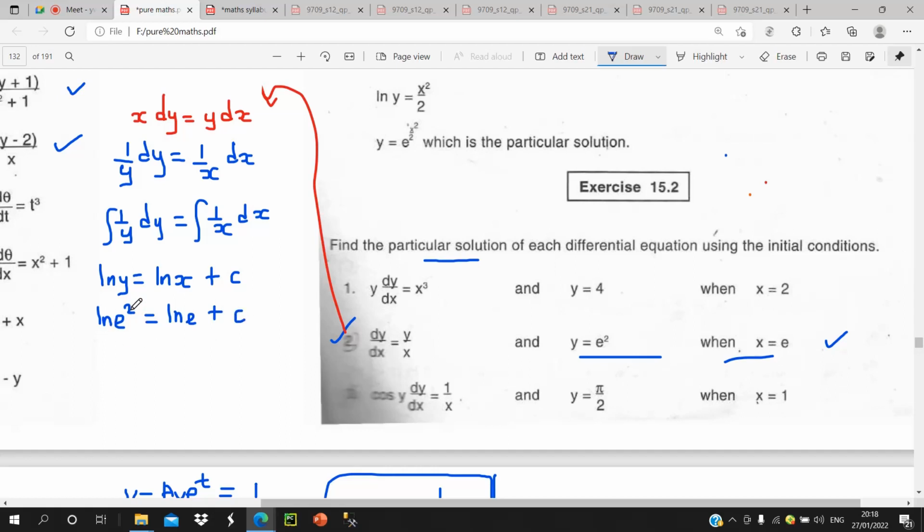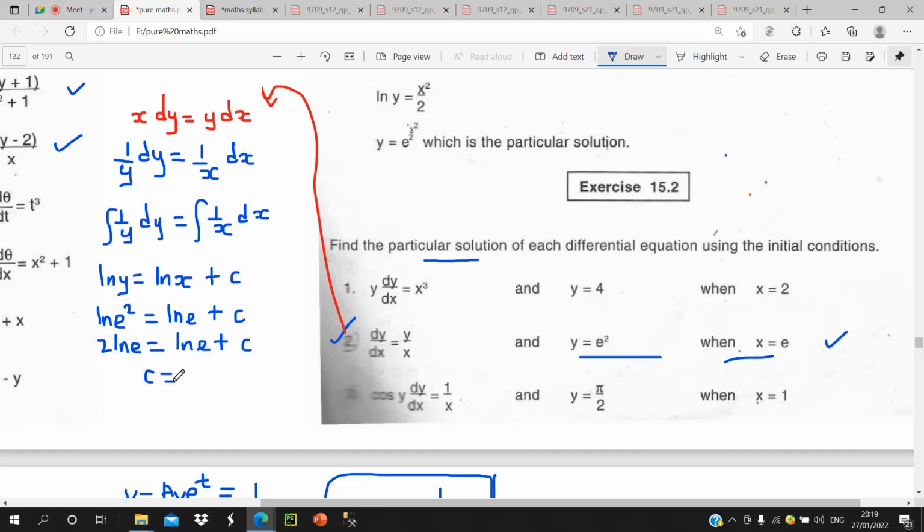Yes. And this squared goes down this side. We have 2, laws of logarithms, right? Yes. And what is ln e? It's 1. So what will be the value of c? 1. So your c is equal to 1.